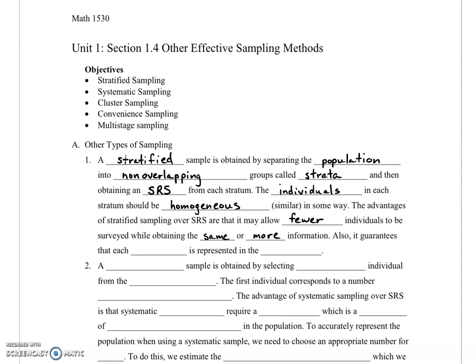Also, it guarantees that each stratum, so each group we make, is represented in the sample. So that's a stratified one.